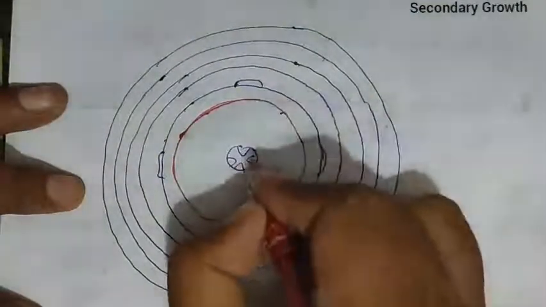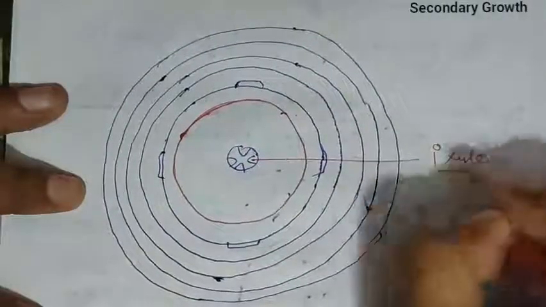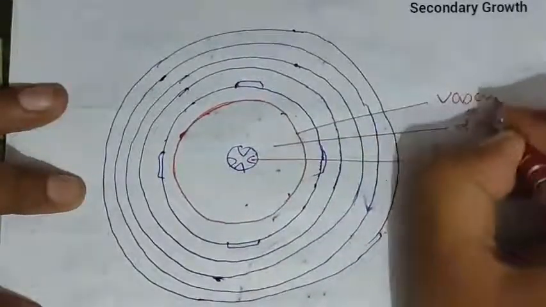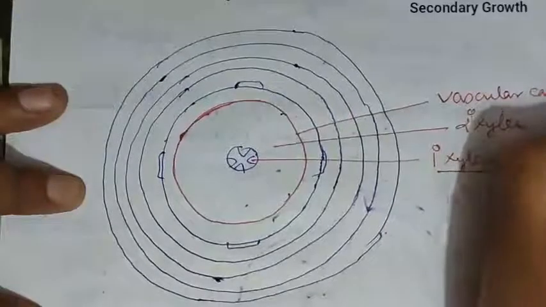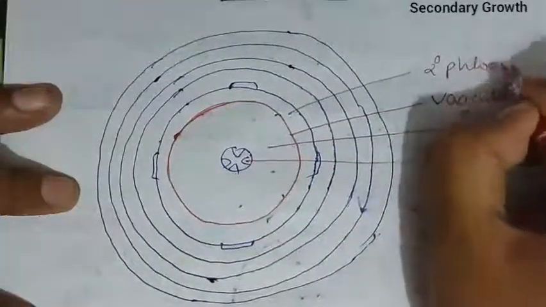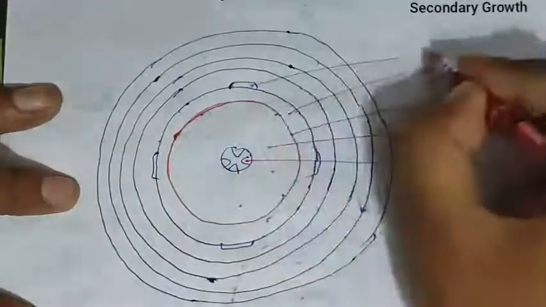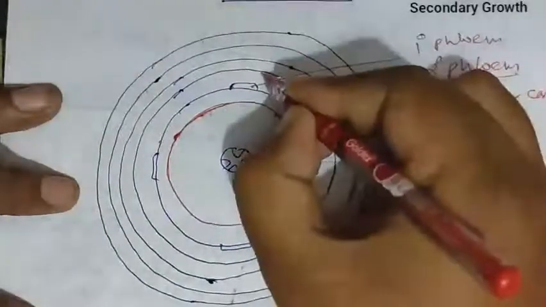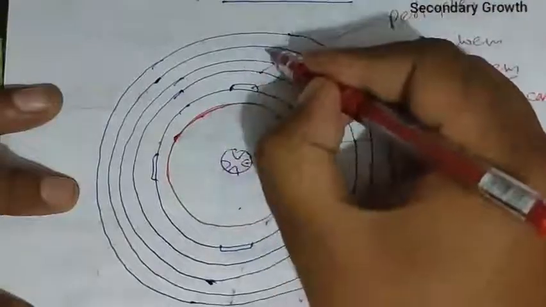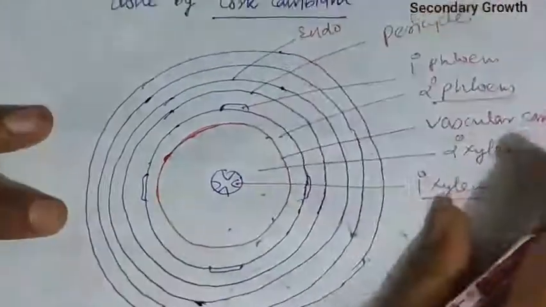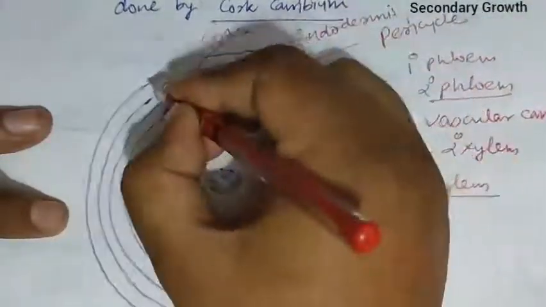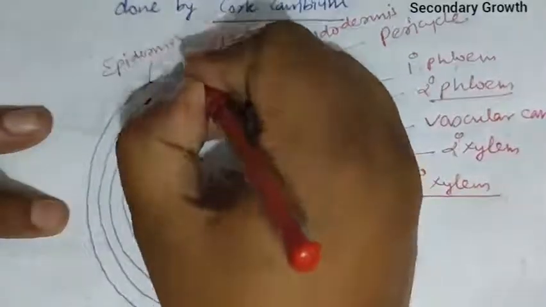Here you can see the primary xylem, secondary xylem, vascular cambium, then secondary phloem, primary phloem, then outside that you find the pericycle, endodermis, cortex and epidermis.